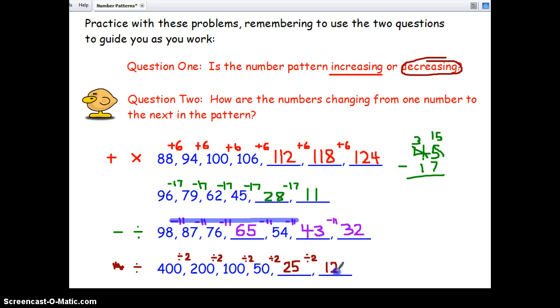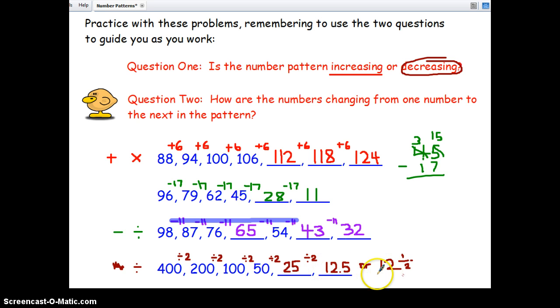And then a half plus another half, 12.5. We know another way to write 12.5. It's 12 and a half. That would work too. So my last number is 12.5.